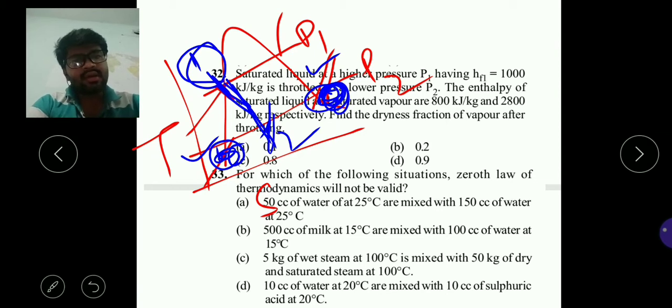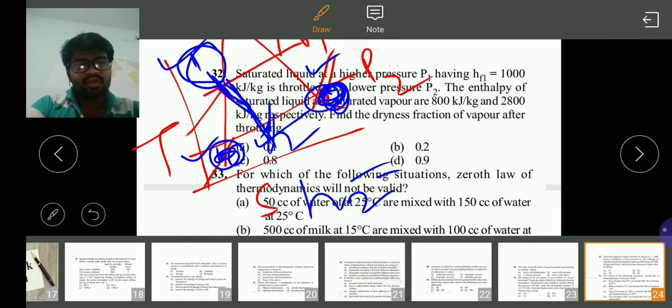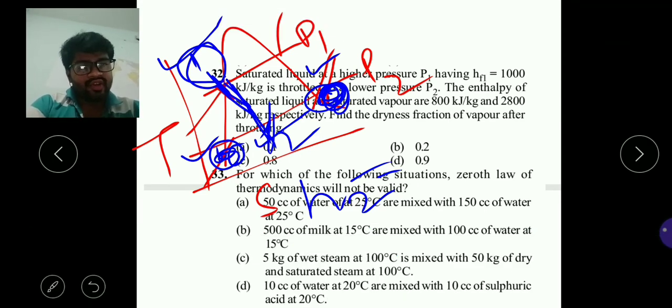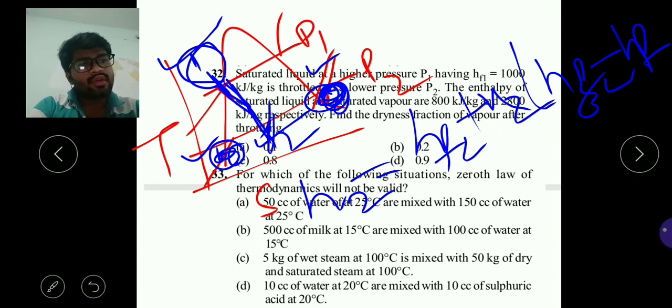The enthalpy at point 1 equals the enthalpy at point 2, because it is an isenthalpic process. So h2 can be found as hf2 plus x2, the dryness fraction at 2, into hg2 minus hf2.